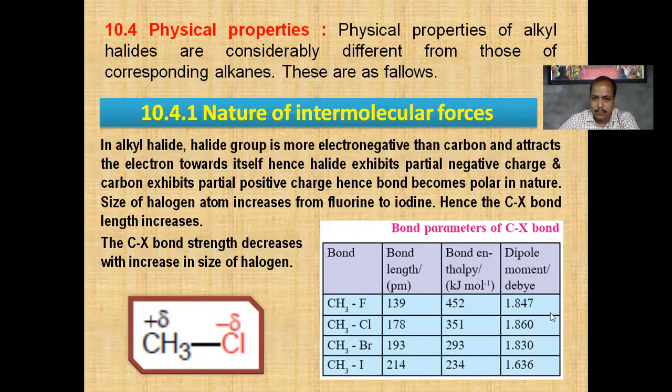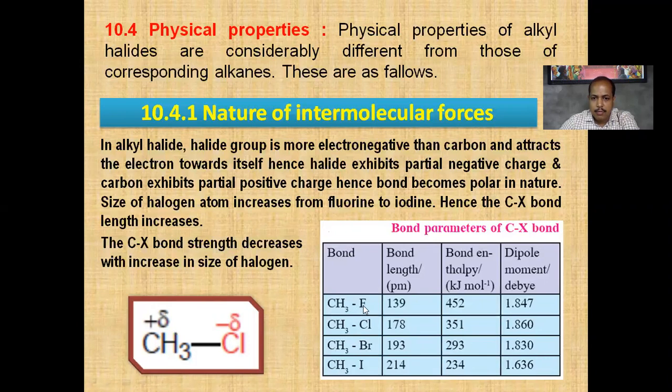Here you can also see the bond enthalpy. Bond enthalpy goes on decreasing from 452 to 234. Here you should observe the dipole nature, that is partial positive charge present on the carbon atom and partial negative charge present on the chlorine atom, as it is polar in nature. Now observe carefully the dipole moments. Here the dipole moment decreases. The C-X bond strength decreases with increase in the size of halogen.